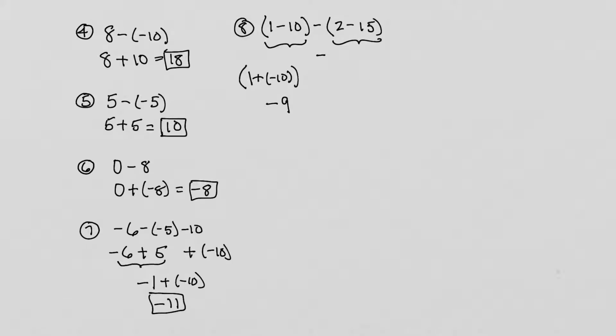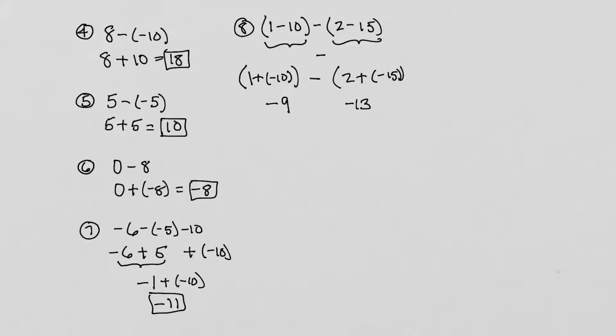Okay, so let's work in this one right here. This is a subtraction. We're going to change that subtraction to addition, and then the opposite of 15 is negative 15. So this number, 2, plus this number here.